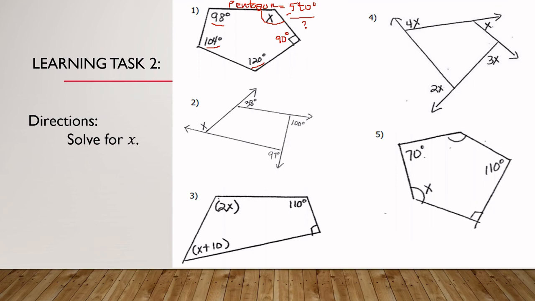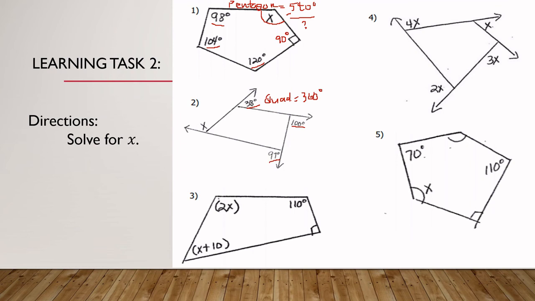Number 2, this is a quadrilateral. And the sum of the exterior angles of a quadrilateral is 360 degrees. So, ganun din. You just add 38 degrees plus 100 degrees plus 97 degrees.